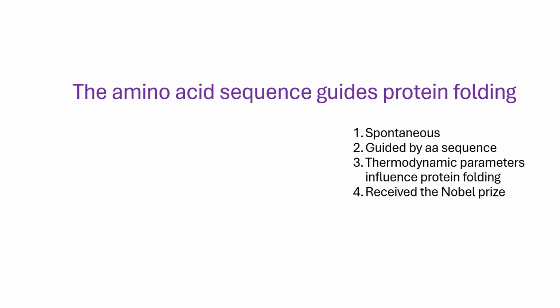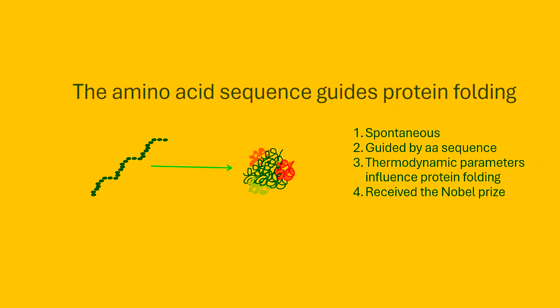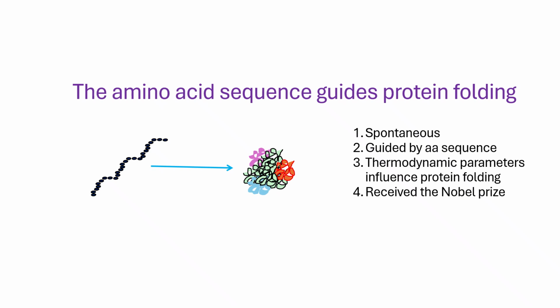So to identify the problems or limitations associated with his protein folding model, it is important that we review his propositions one by one. According to him, protein folding is guided by the amino acid sequence or the primary structure of a protein. It does not require any accessory proteins or enzymes, and therefore the reaction is spontaneous.